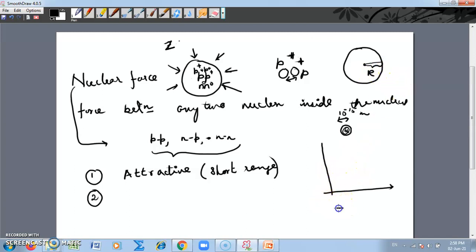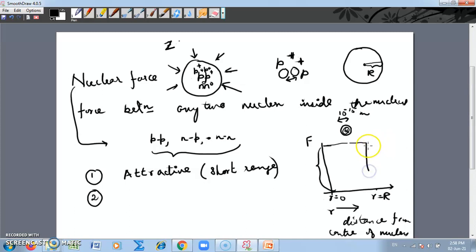Then if I take this side as distance from the center of the nucleus, it is seen that we have a very high value of the force, and then as r goes along this side, from r is 0 till r reaches capital R, this remains almost constant, and then suddenly after that it becomes 0.